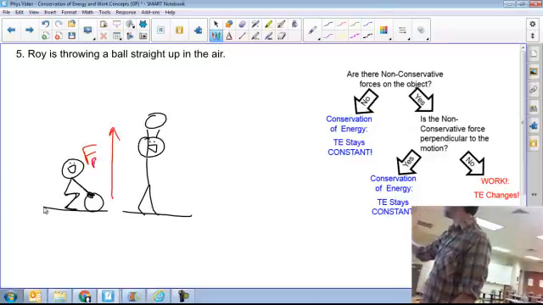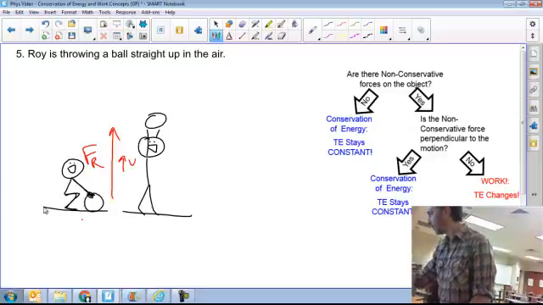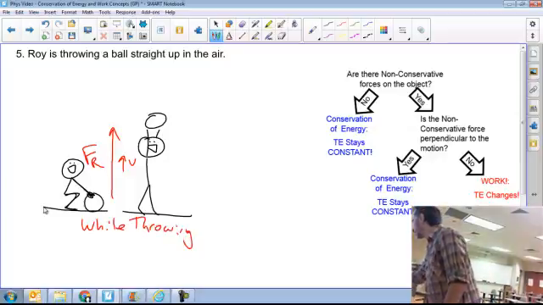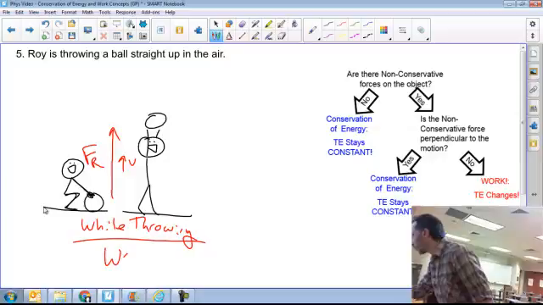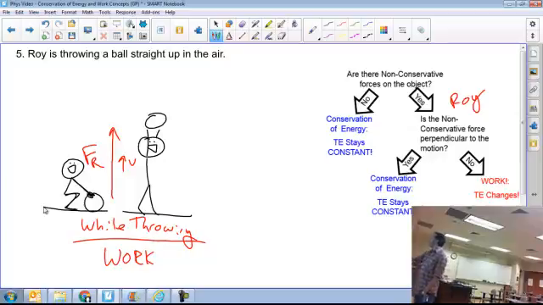We'll call him Roy. And the velocity is upwards. So from here to here, while he's throwing, it's a work problem, right? Because there's a non-conservative force, Roy, and it's not perpendicular. So he's changing the total energy, right?